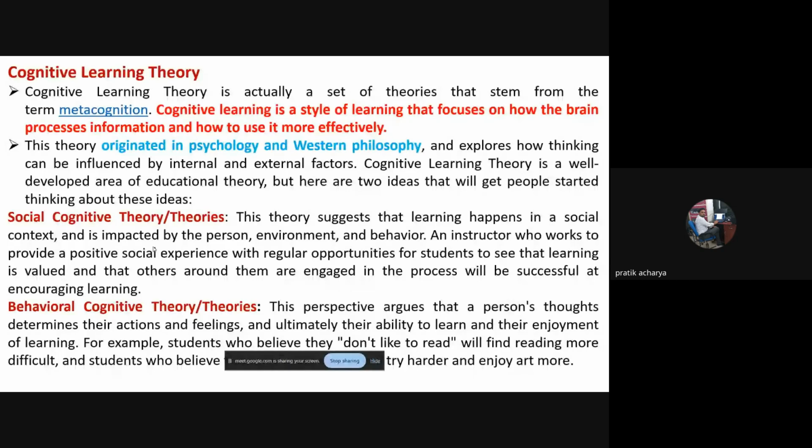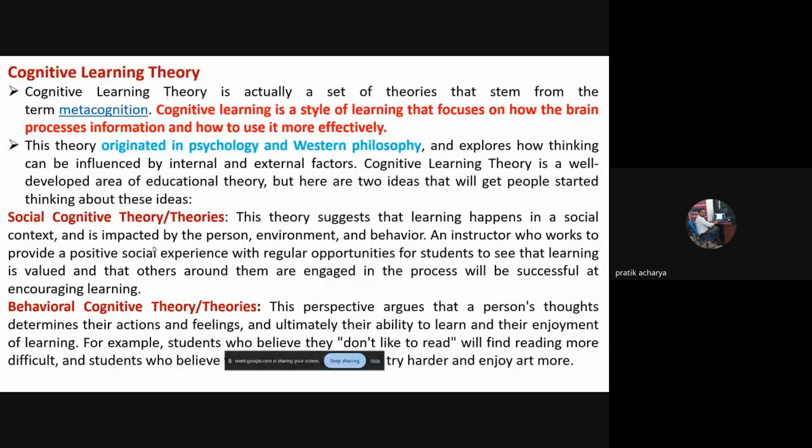That means if your teacher daily provides certain positive ideas about learning, about your study, then definitely you'll get interest in your study. Maybe your instructor, maybe your teacher, maybe your surrounding society, anything. That is the social cognitive theory.